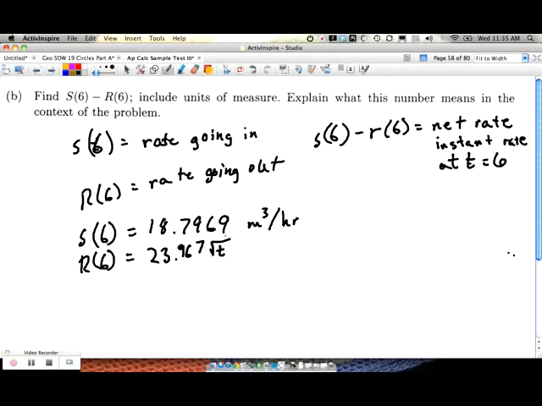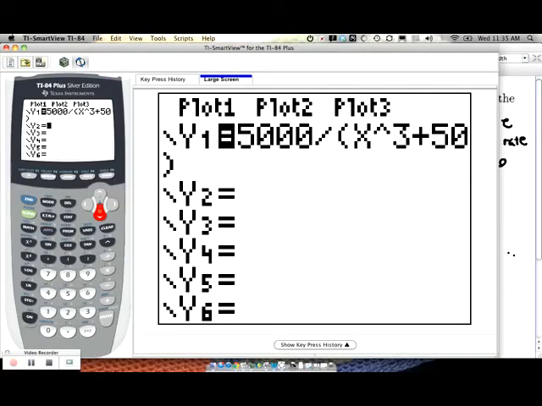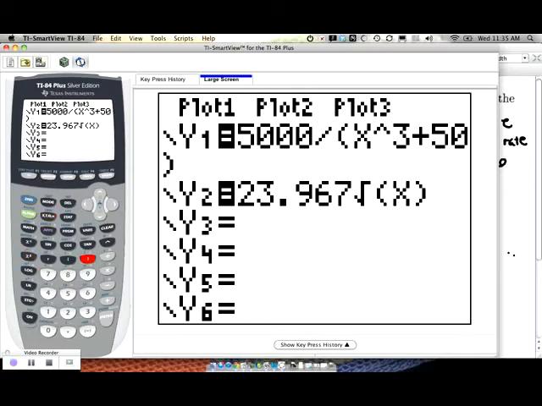So I've got to type that in here. 23.967 times the square root, which is second squared, and then t. Well, our variable in this case is x. That's okay. So now we go to the graph.